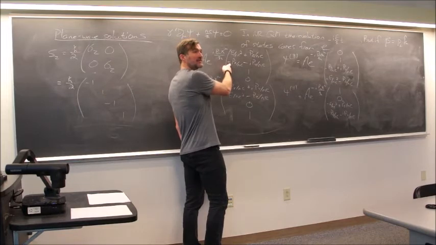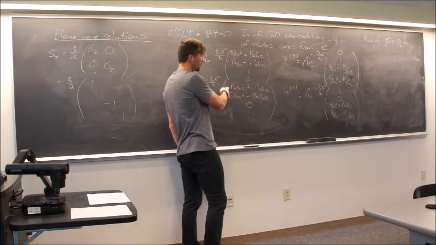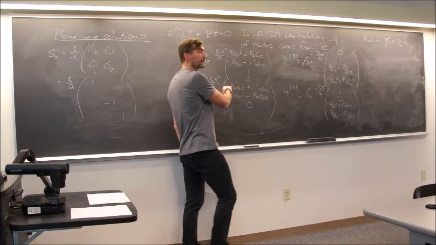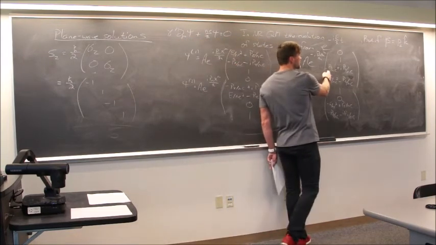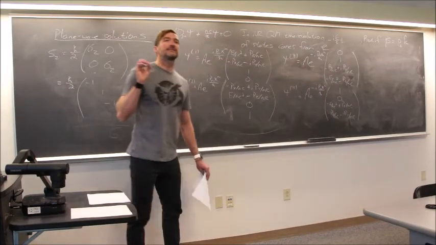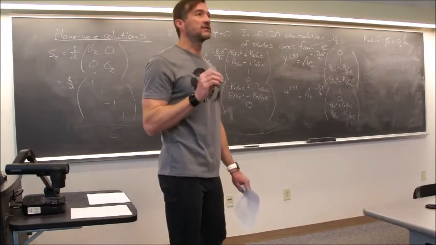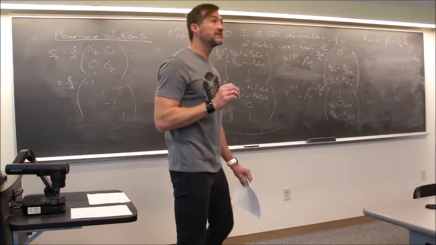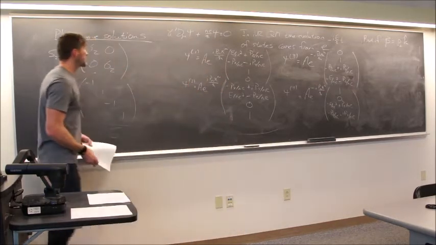The offending terms disappear. So in each of these solutions, as long as p_x and p_y are 0, we don't get the stationary particle solutions. They're still interesting solutions, but they're now eigenstates of S sub z.